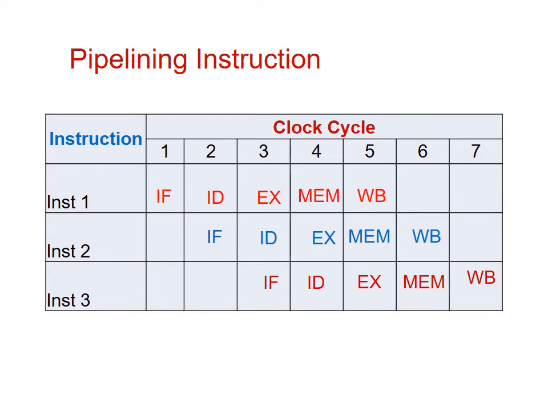Likewise, instruction 3 can start at clock cycle 3, because at the same time instruction 1 goes to execute and instruction 2 goes to ID. That means the IF place is empty, so instruction 3 can start from clock cycle 3 and goes on. The total for the instructions needs 7 clock cycles.